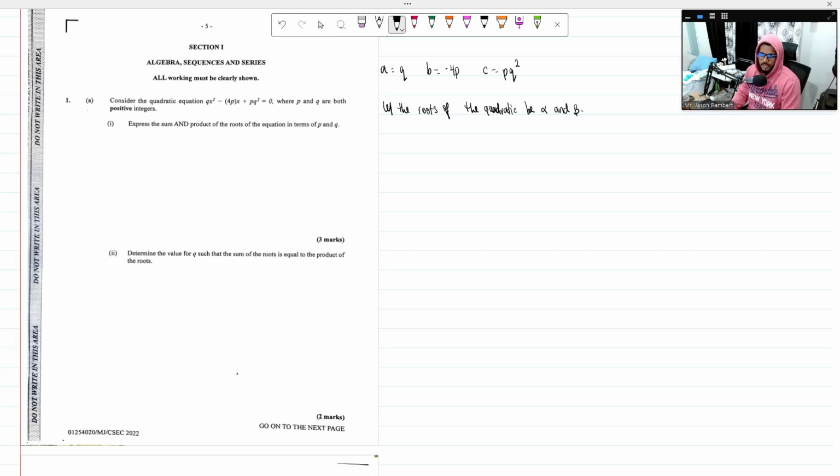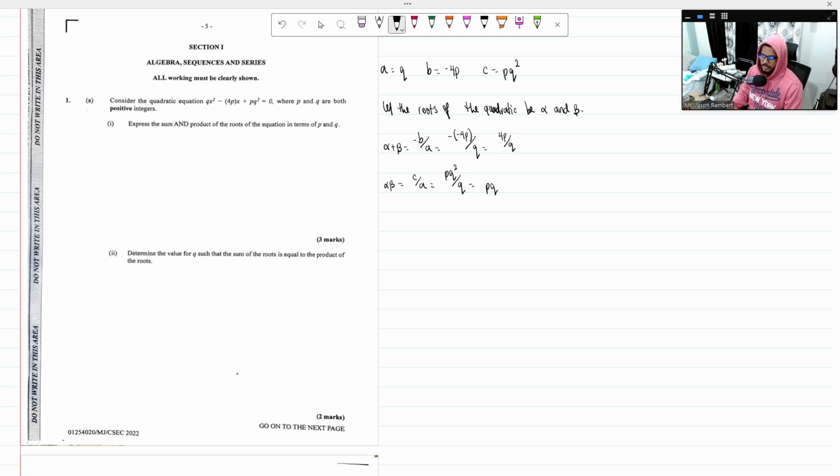I don't know if it's an alpha beta question, but it's okay. The sum of the roots is going to be alpha plus beta, which is going to be minus b over a, which is minus 4p over q, which is 4p over q. And the product of the roots, alpha beta, is equal to c over a, which is pq squared over q, which is just pq.